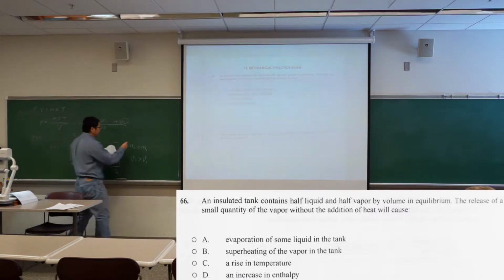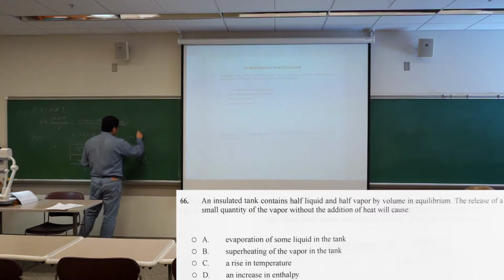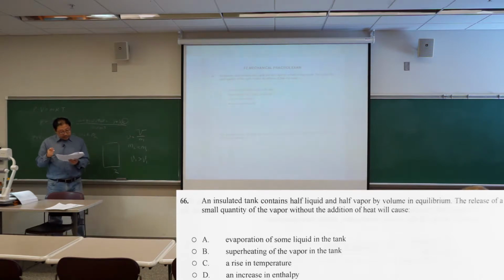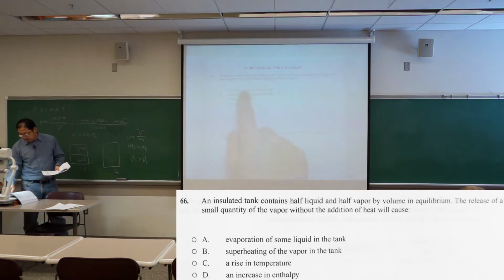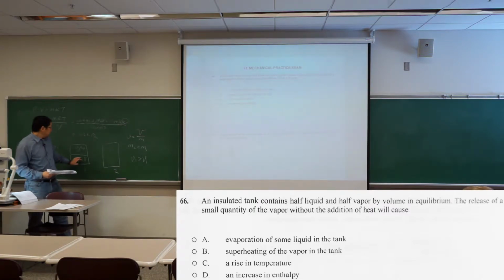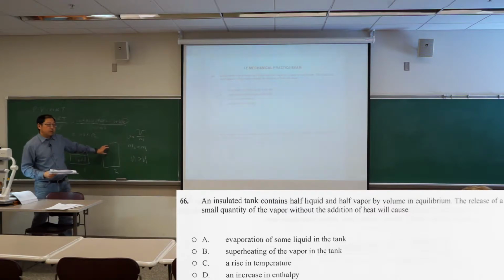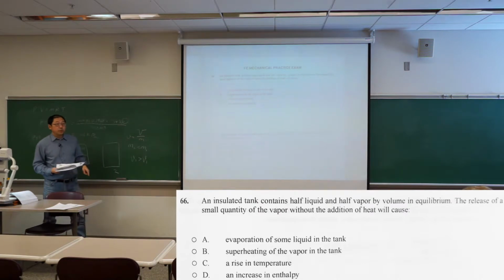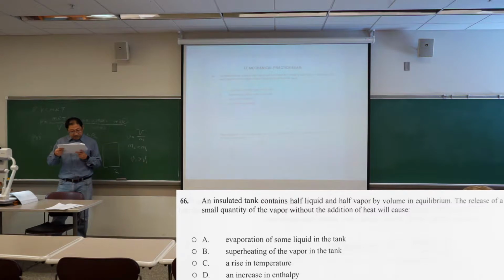The definition of specific volume is volume divided by mass. Now, volume does not change, mass decreased, so the specific volume increased, right? So the only thing that can happen is evaporation of some liquid in the tank. So some liquid becomes vapor, vaporization. That's how we have the larger specific volume. So this one is a little bit difficult to understand.